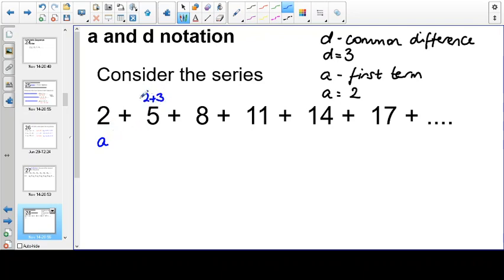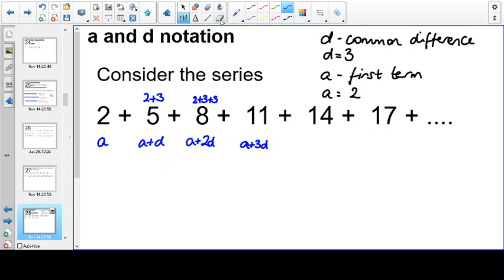So it's A plus D. The 8, well, that's 2 plus 3, which is the 5, plus another 3. So that's A plus 2D. And this is A plus 3D, and so on.